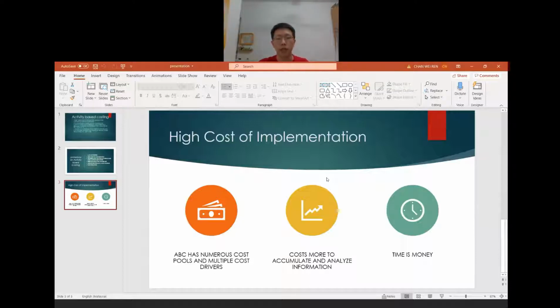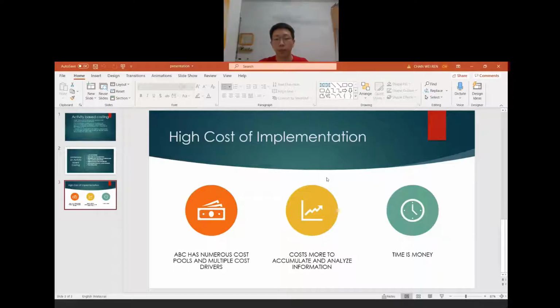This is because it requires a lot of data on activity measures, and requires collecting, checking, processing, etc. The more complex the method is, the more cost it involves, which makes ABC a method which involves high cost of implementation.